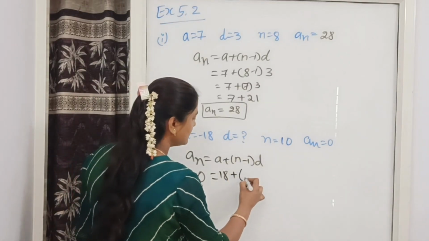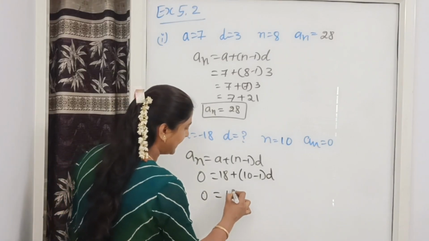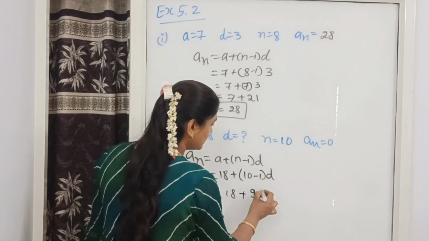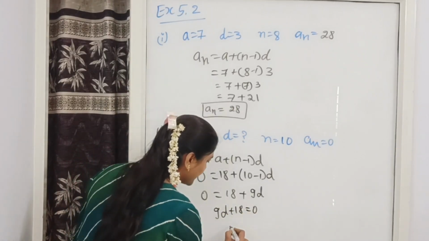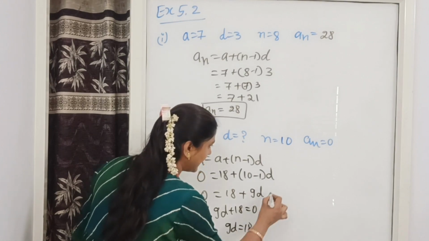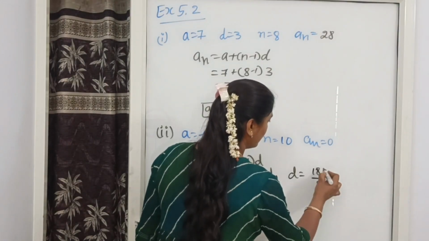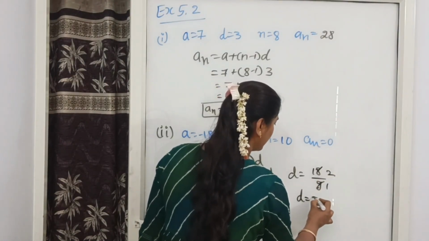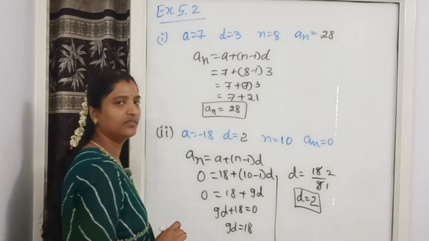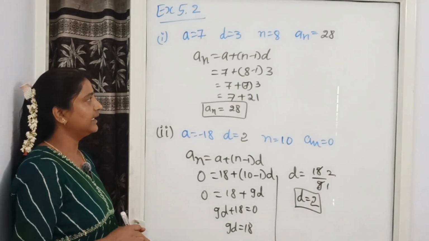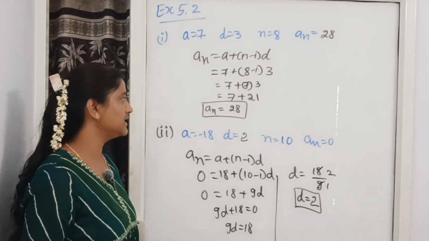N is 10, so 10 minus 1, and D we need to find. 0 is equal to minus 18 plus 10 minus 1, that is 9D. So 9D is equal to 18 and D is equal to 18 divided by 9. 9 ones are 9, 9 twos are 18. So the common difference here is 2. So D is 2. Just write the formula, apply it with what they gave, and you will get what they asked. Is it clear?